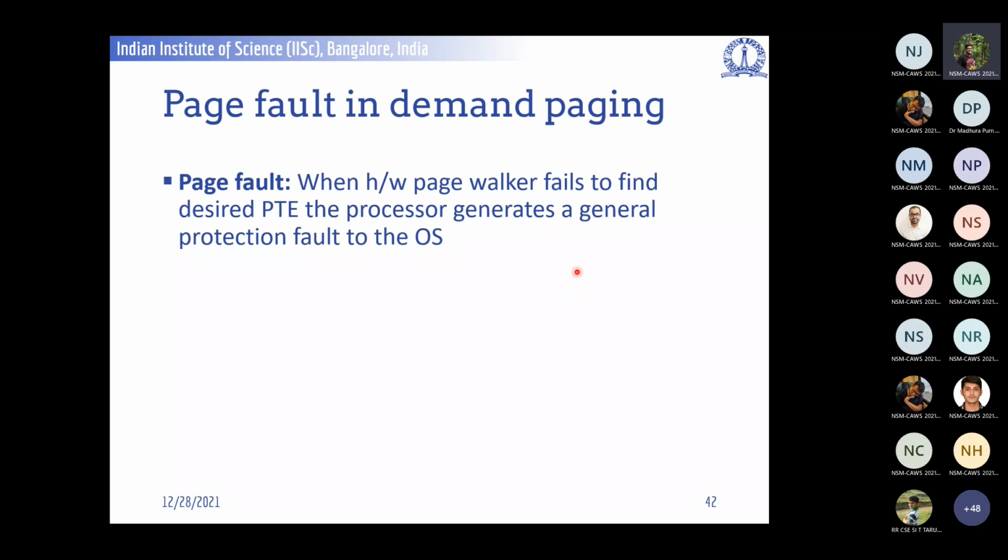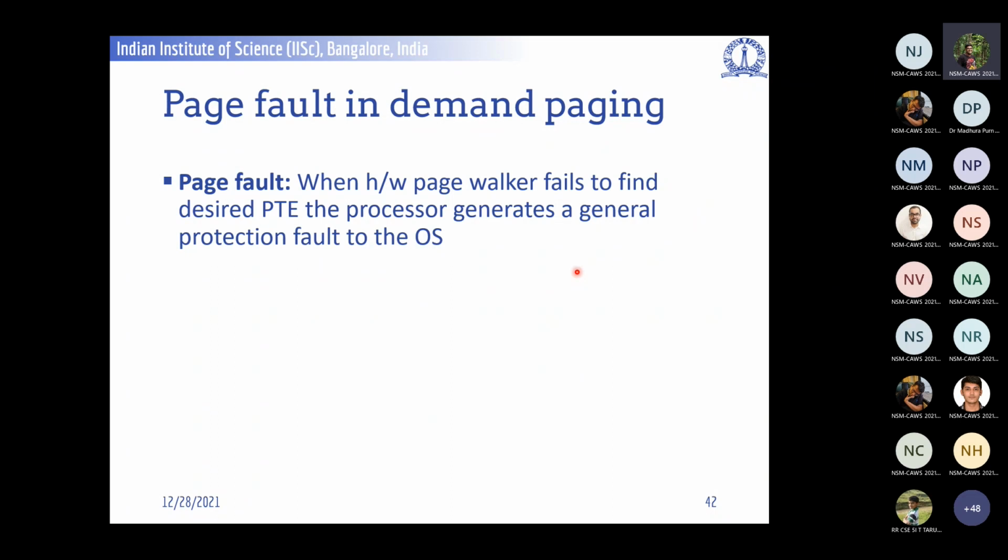So what would happen at that point? A page fault is triggered, and the hardware gives up to the operating system, saying, okay, you manage it. Now the operating system sees that this is the virtual page number that caused this fault.